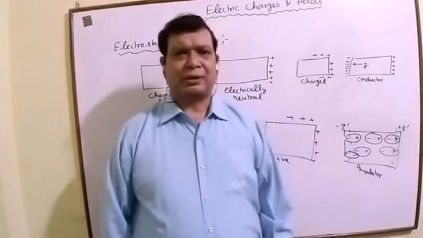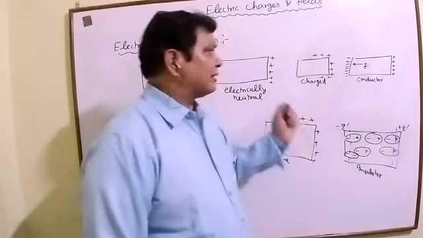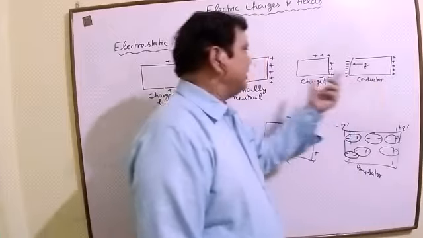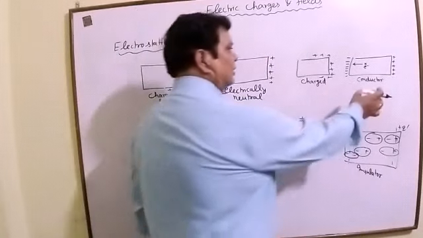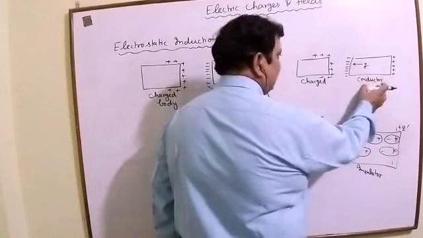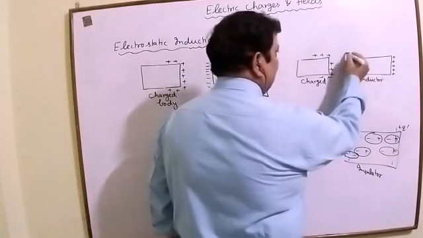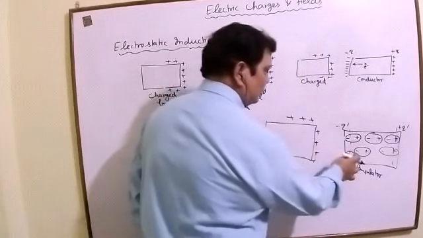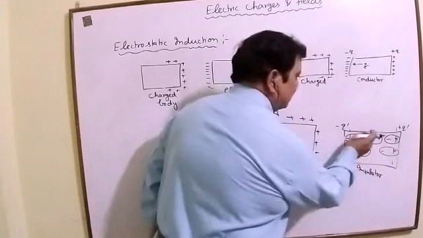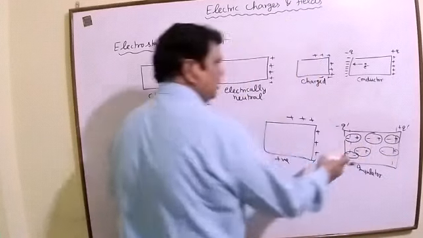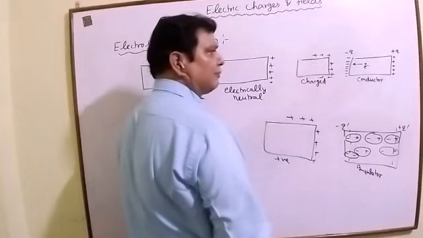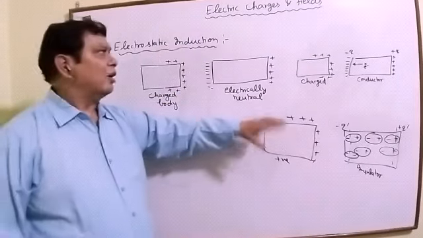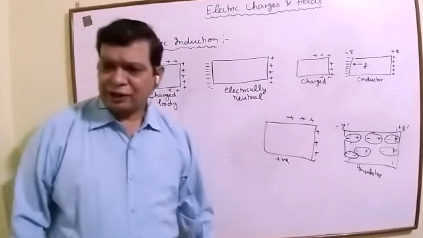We can define electric polarization: the separation of the charges in electrically neutral bodies. It was electrically neutral. Now within the substance, the charges are separated. Here also, in the insulators, charges are separated because of the presence of a nearby charge. So, it is the electric polarization or electrostatic induction.